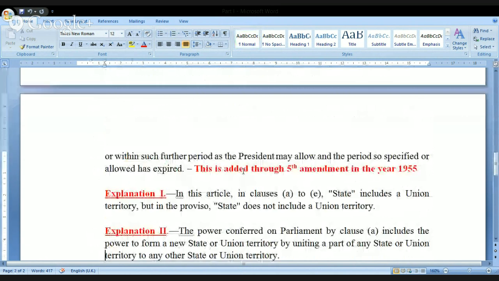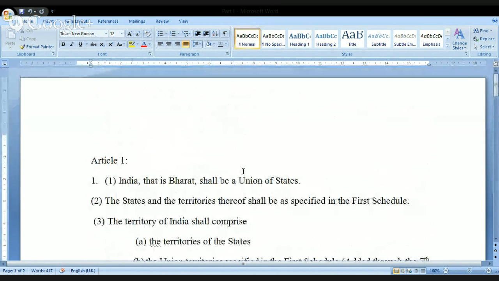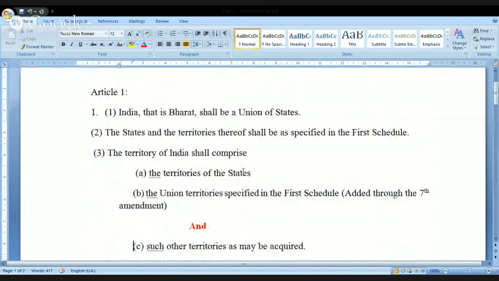Now let's try to understand one after the other. Follow me very clearly and very carefully. This is one important area. I told you already, in the Constitution we have articles, and apart from these articles, we also have the clauses and subclauses.